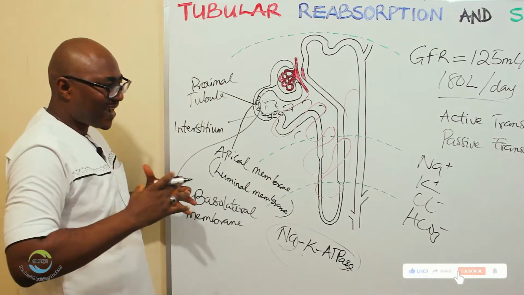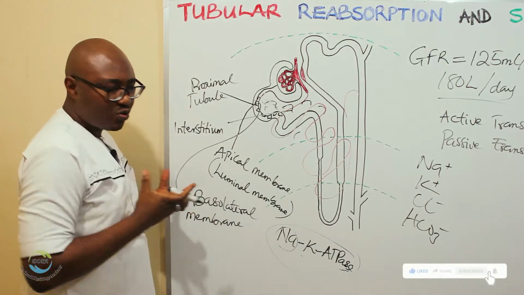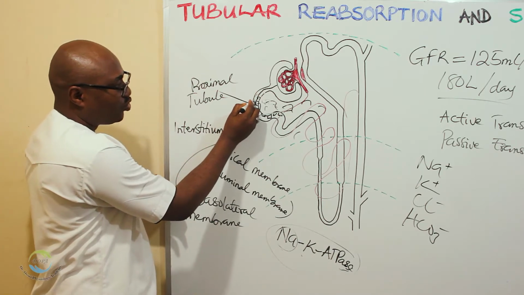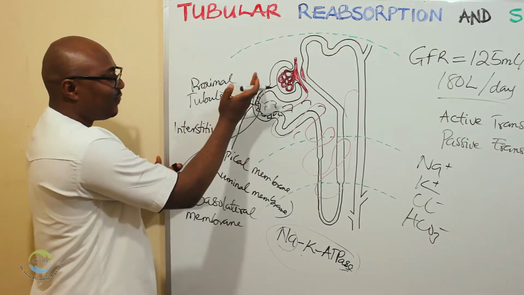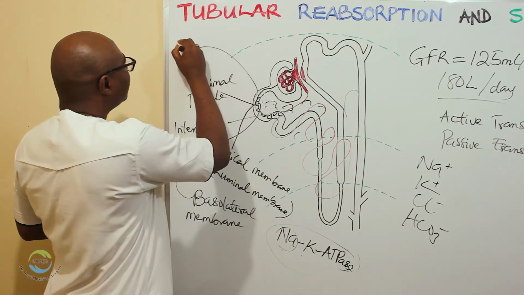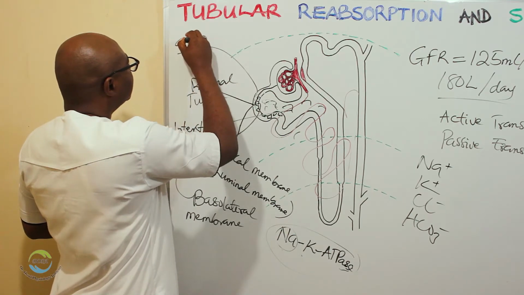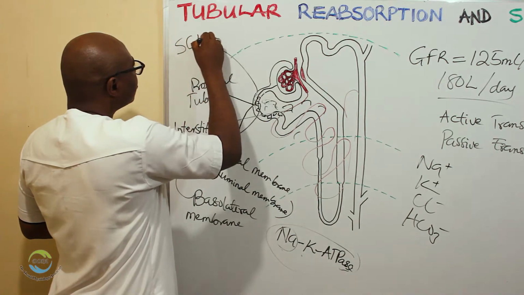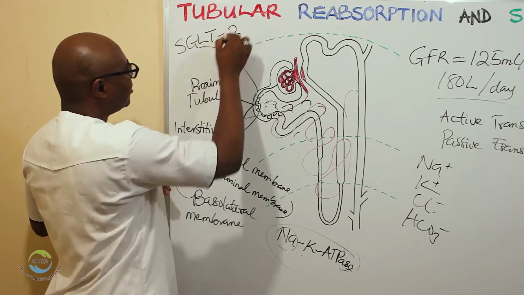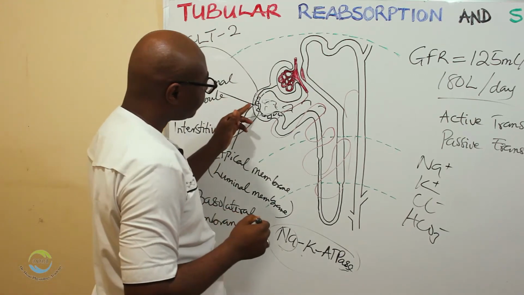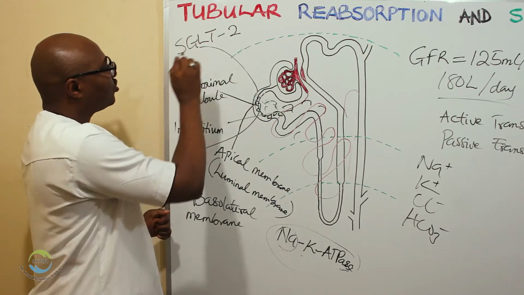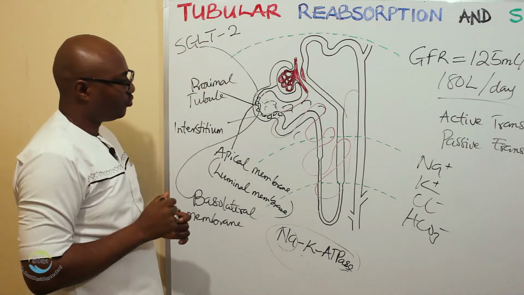The transporter that carries sodium and glucose from this lumen, from the apical membrane, into the cell is called the sodium glucose transporter. You have 1 and 2. I think the one in this place is 2. All right? Sodium glucose transporter, SGLT2.